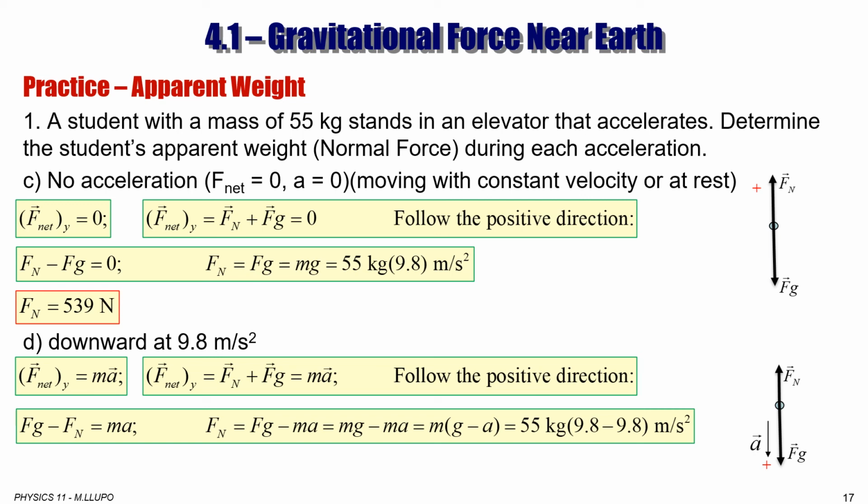That's exactly what we mentioned before: there's no reading on a bathroom scale, or no tension on an elevator cable, or no normal force from a bathroom scale or an elevator floor holding you, because everything is falling at the same rate. So that means nothing is holding.